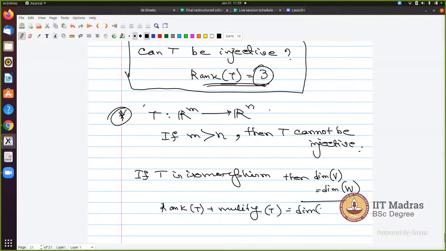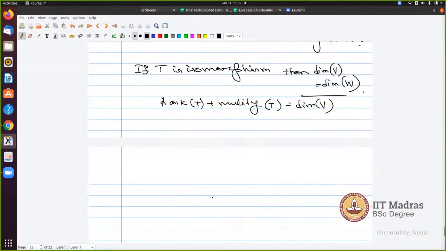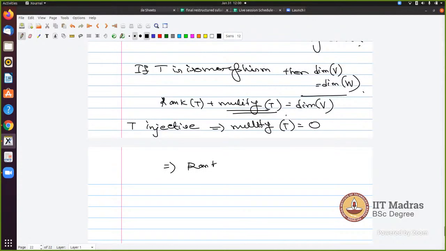Now T is an isomorphism means what? It is both injective and surjective, right? So injective means nullity of T is 0. That means rank is the same as the dimension of V.